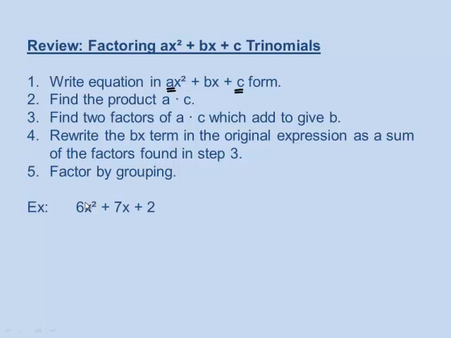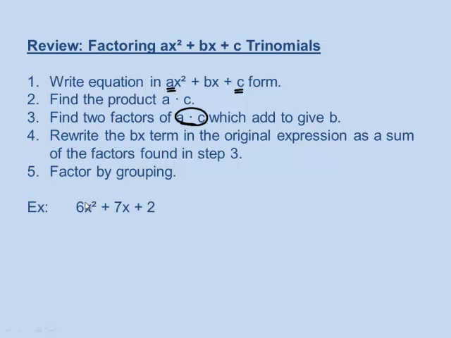Find the product. Then after you find the product, find 2 factors of that product which will add to give you b, which is very similar to what we were just doing with the easier trinomials, except that we're no longer just looking at the last number, we're looking for this product.